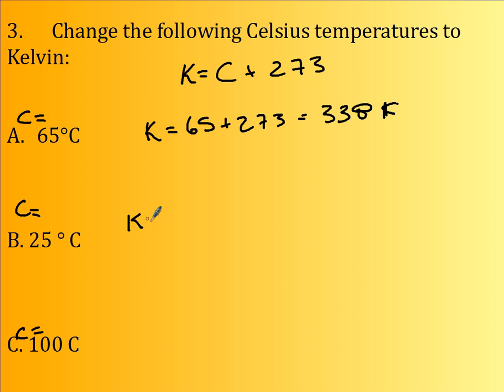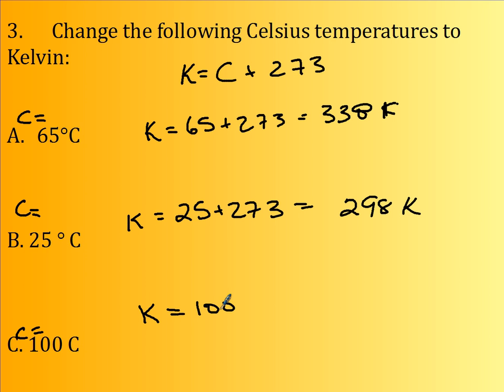This one is 25 plus 273, which is 298 Kelvin. And here, K is 100 plus 273, or 373 K. That's all there is to temperature conversions.